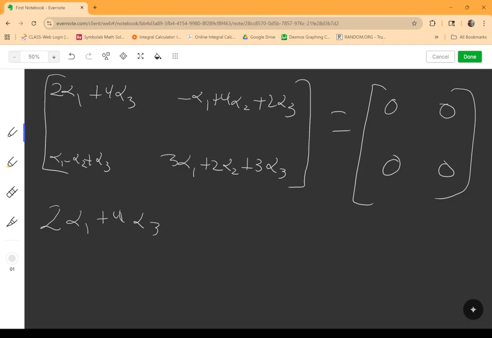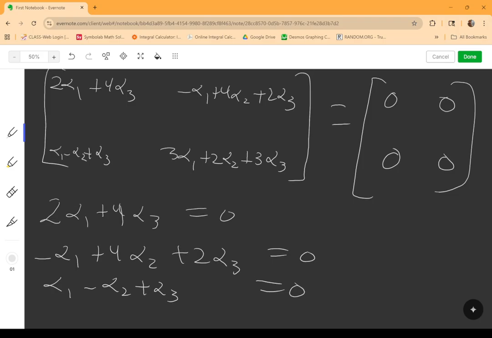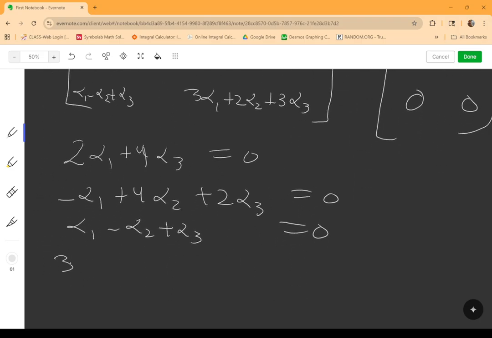4 alpha 3. 3 alpha 1 plus 2 alpha 2 plus 3 alpha 3 equals 0.